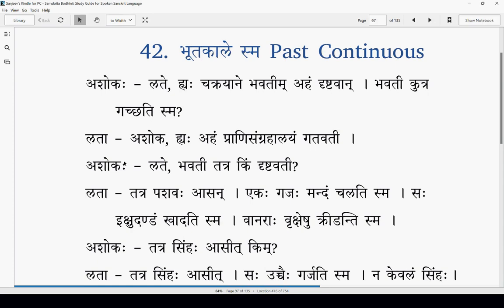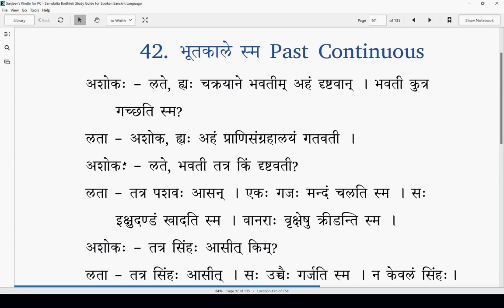So the next one is Ashoka, hey Ashoka, sambodhana. One quick question: if I say, instead of akhadat, khadati sma, it brings the same meaning, is it? If I said hyah saha akhadat, and instead I put hyah saha khadati sma, is it the same?